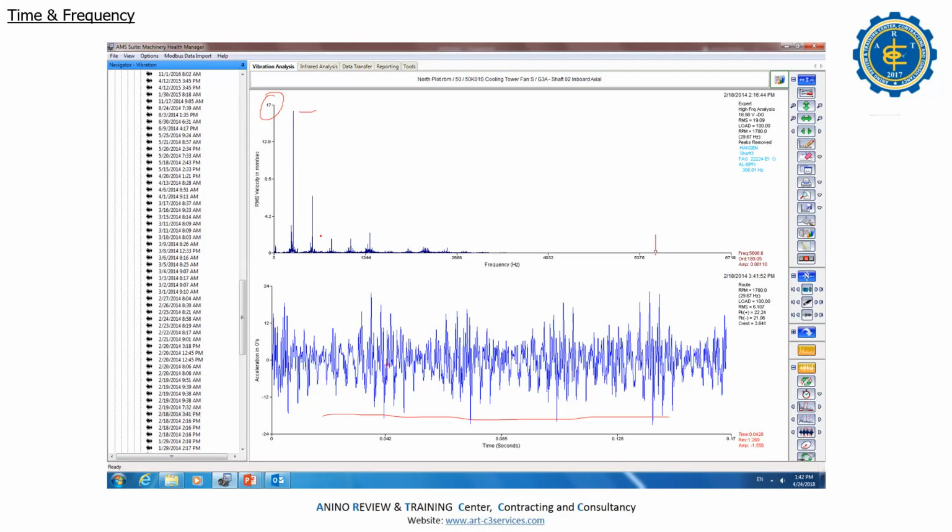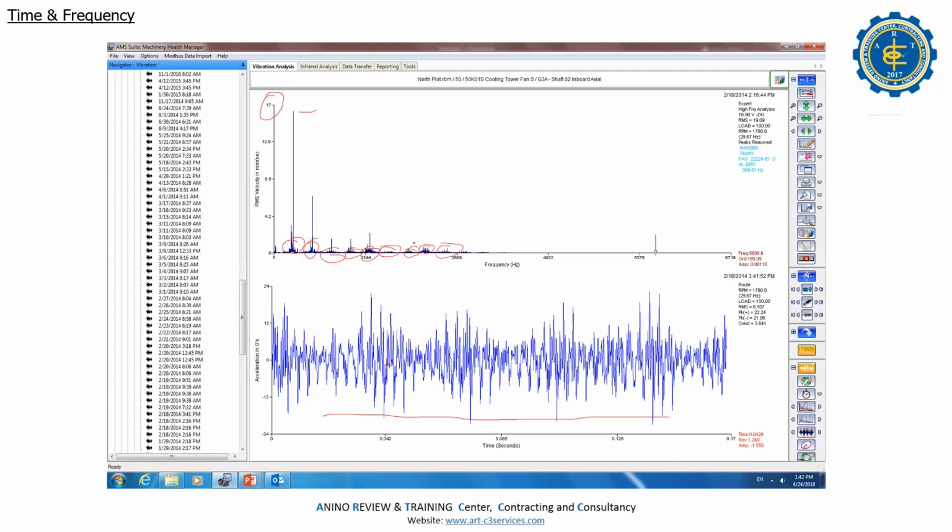Then you have the side bands and the center. You have carrier frequency and you have bearing frequencies already.